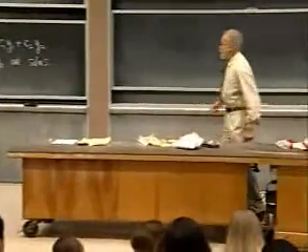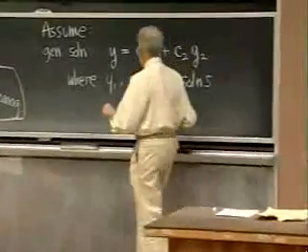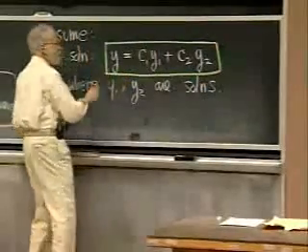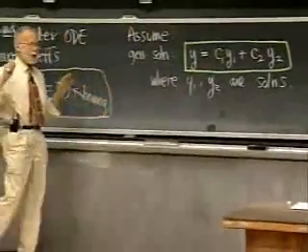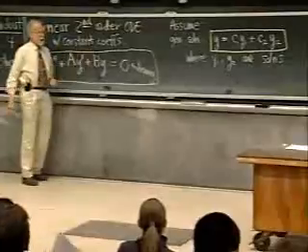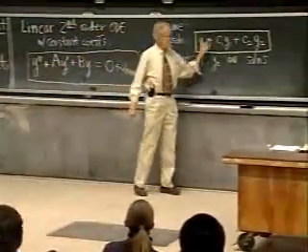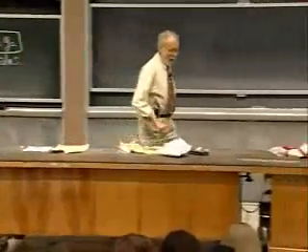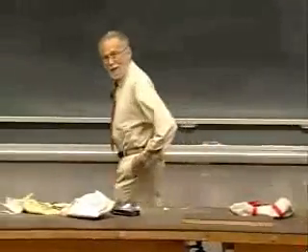What that shows you is that the task of solving this equation is reduced, in some sense, to finding just two solutions of it somehow. By hook or crook, all we have to do is find two solutions, and then we'll have solved the equation, because the general solution is made up in this way by multiplying those two solutions by arbitrary constants and adding them. So the problem is, where do we get those solutions from?